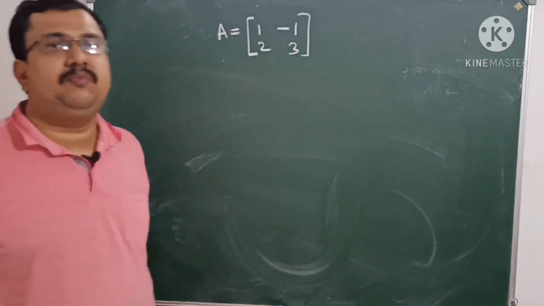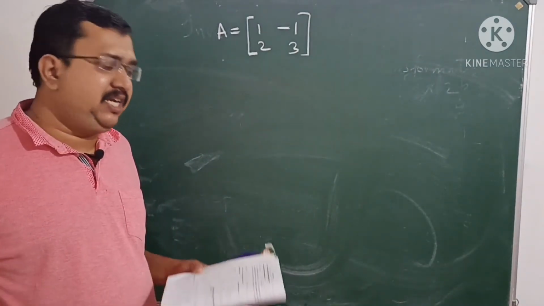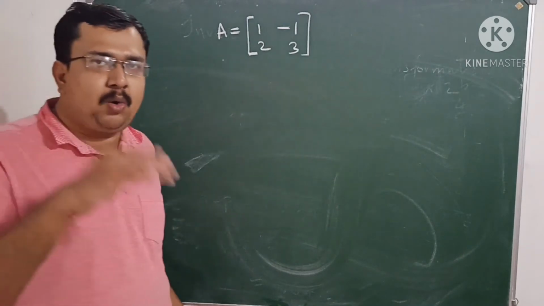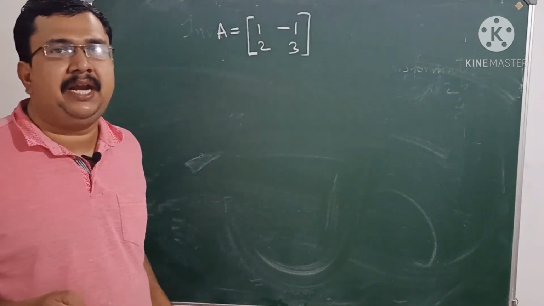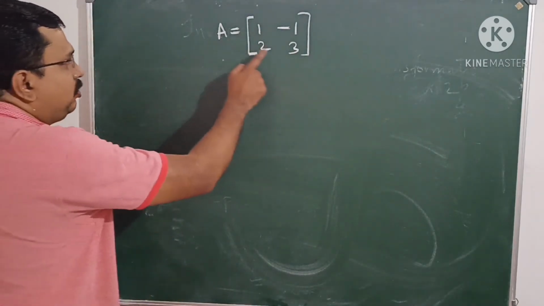We know that to obtain A inverse, there are only three steps. First step is write A is equal to I into A. Second step, we apply row transformations and obtain A inverse. First, A equal to this one.